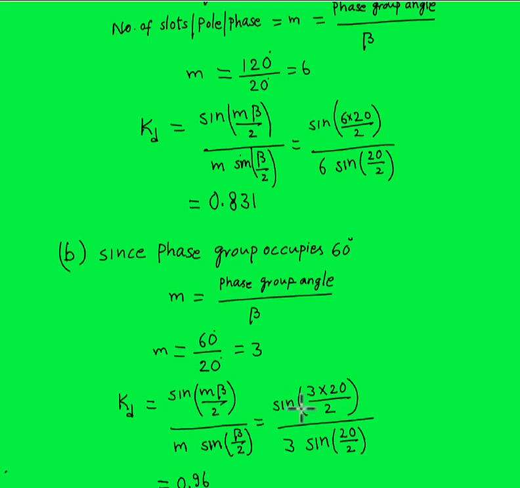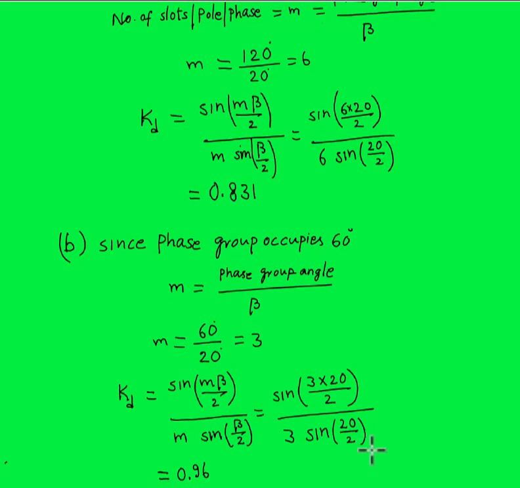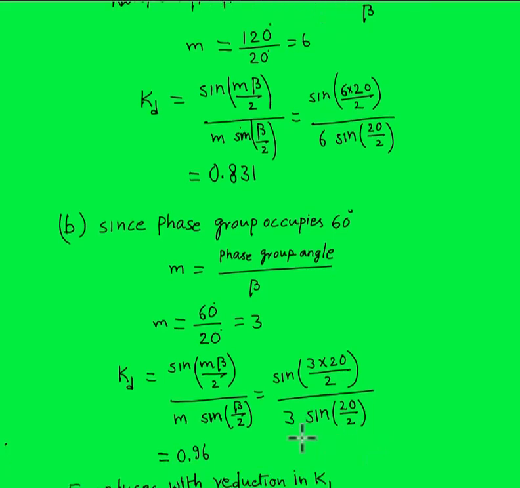So that is sine of m, now it is 3, into beta, already calculated as 20, divided by 2, divided by 3 into sine 20 by 2. So after simplification, Kd becomes 0.96.